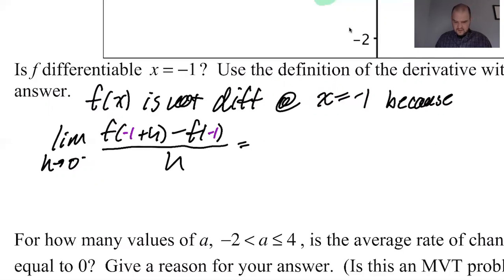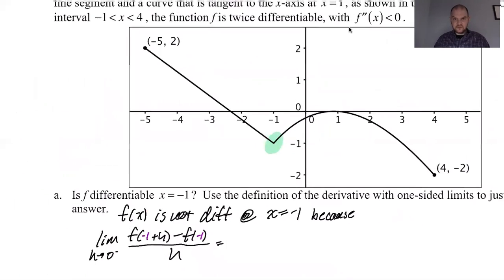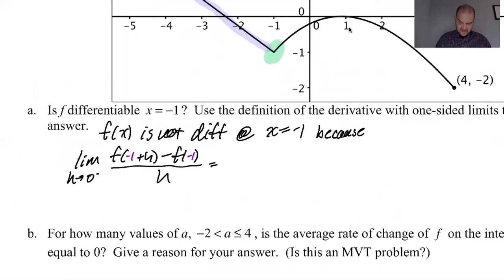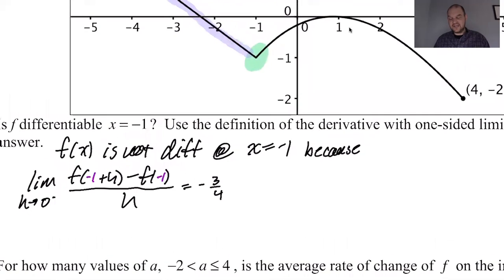All right. So if h is approaching 0 from the left and we go to the figure here, then what we're basically doing is sliding along the curve this way. And on that interval, you can see that the slope of that curve would be, what do we go, down 3 and over 4. So this, I'm just going to say, is -3/4. Now, I'm saying it's not differentiable.